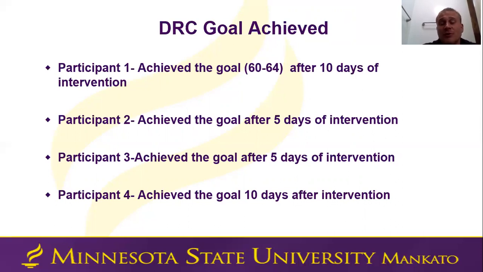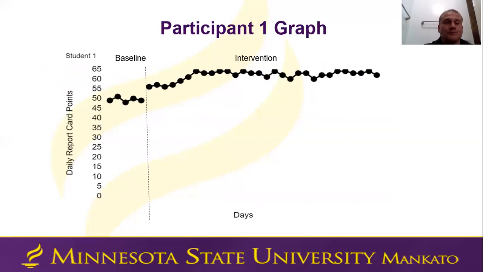Participant 2 and participant 3 each met their goal of 60 to 64 points within their first 5 days of intervention. Their first 5 days were met with consecutive points of 60 to 64, and then participant 4 was similar to participant 1, who had achieved the goal after 10 days of intervention, or 2 weeks.